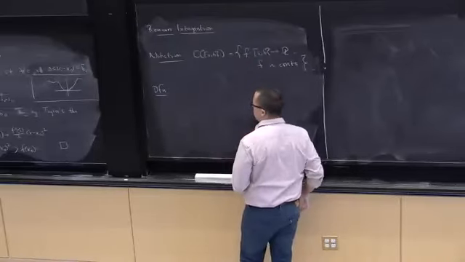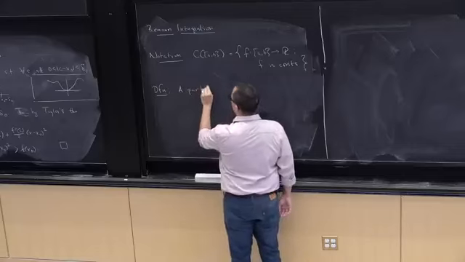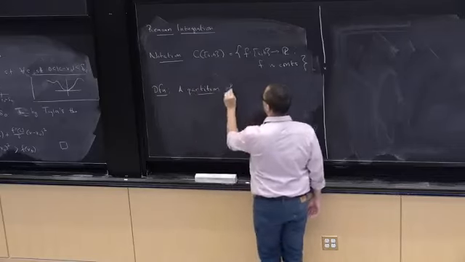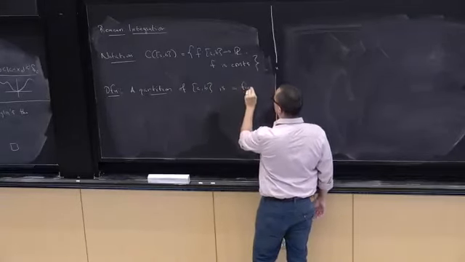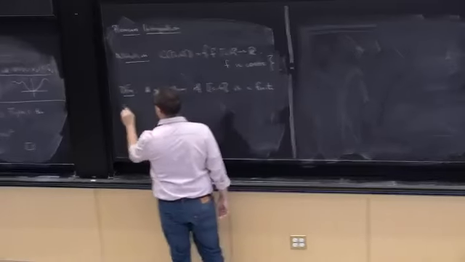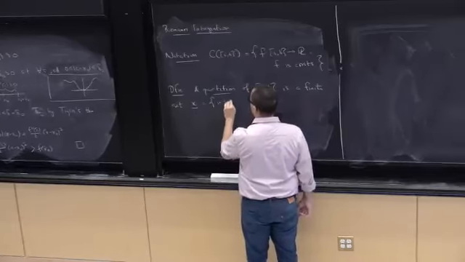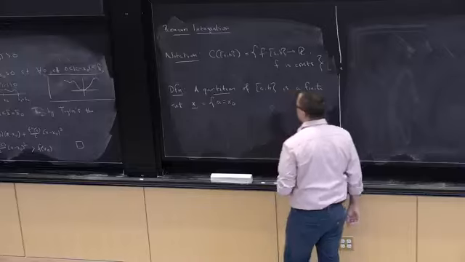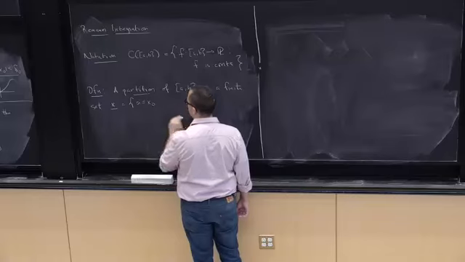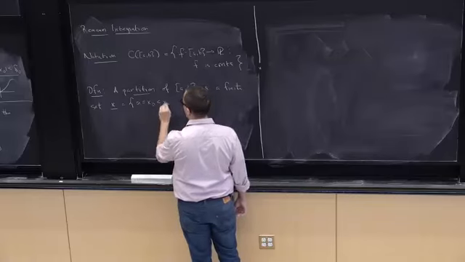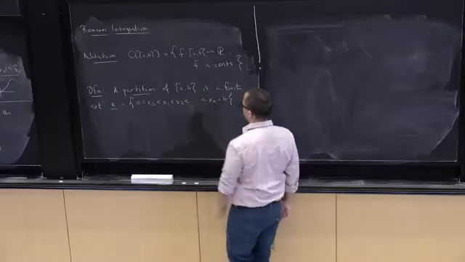So I'm going to assign some words to this breaking down process. A partition of the interval [a,b] is just a finite set, x underline, which I write as x0, x1, x2, up to xn, with the property that x0 is equal to a, less than x1, less than x2, and so on, up to xn equal to b.